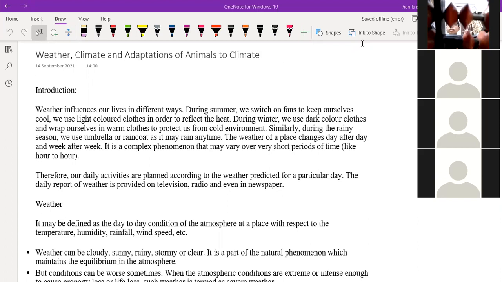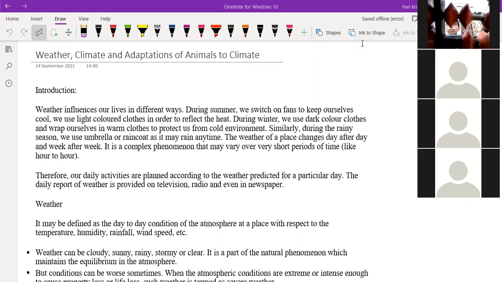If you take the winter season, we will wear sweaters. Sir, we wear woolen clothes because wool traps air, and air is a bad conductor of heat. Good.